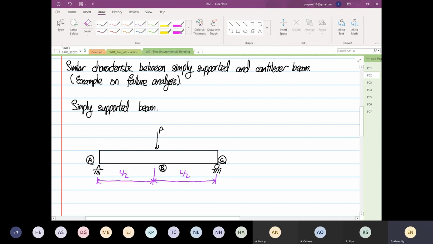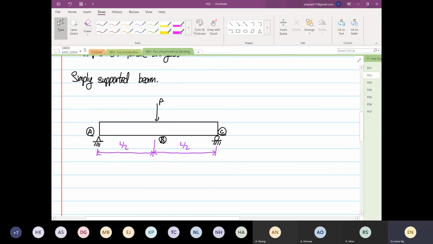Anyone, please? Anyone? I know I'm not able to see the chat. Okay, anyone? At B, the structure. Right. Well done. At point B. At point B is where the structure will fail.